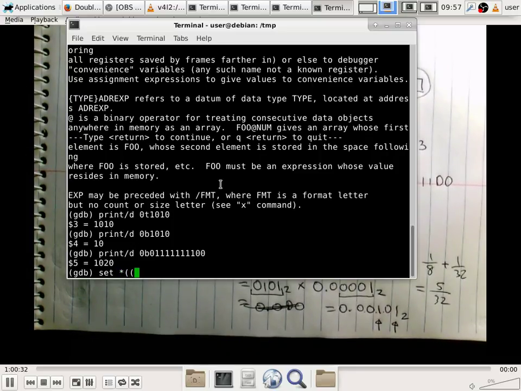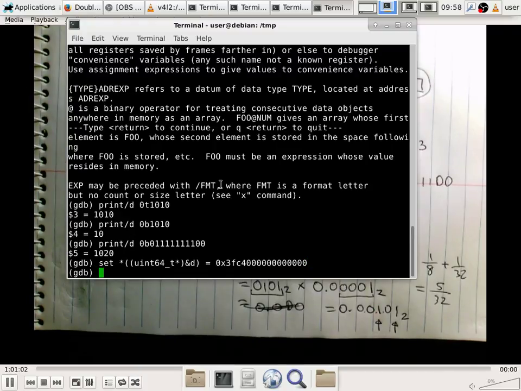So I can say set, and then do the same trick: dereference, and then do the casting to a 64-bit integer pointer. I'm casting the address of d into the address of a 64-bit integer, dereferencing it, and then we are going to set that to the following. We set 3FC4 and then 12 zeros. 1, 2, 3, 4, 5, 6, 7, 8, 9, 10, 11, 12.